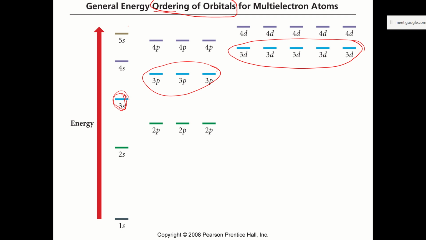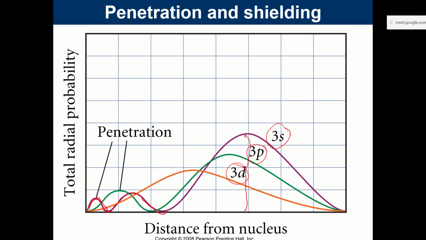If we compare the same thing with 3p, we find that it was not having the, ये green वाला जो है, इसका उतना रीच नहीं है न्यूक्लियस के पास, थोड़ी सी बहुत कम है प्रोबेबिलिटी, 3d का और भी कम है। तो जो फर्स्ट और सेकंड, so you can imagine that the 1s electron will be somewhere here within the first shell.